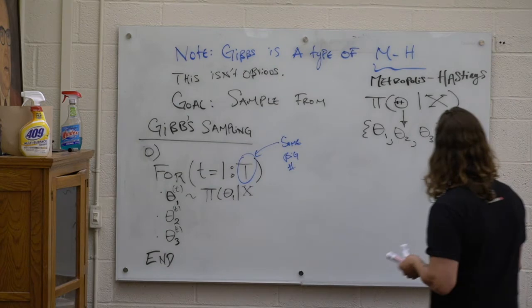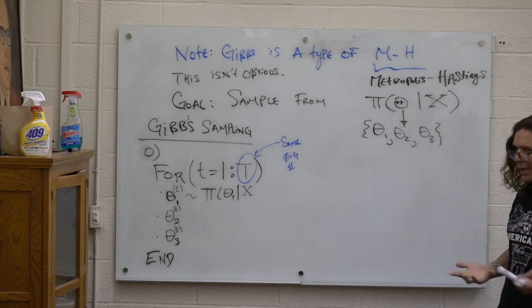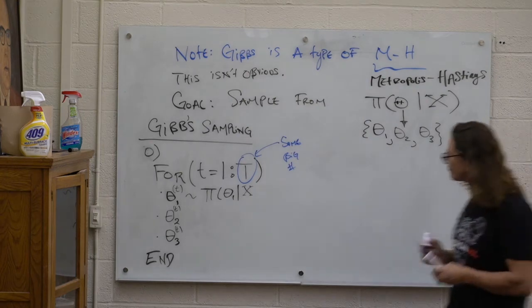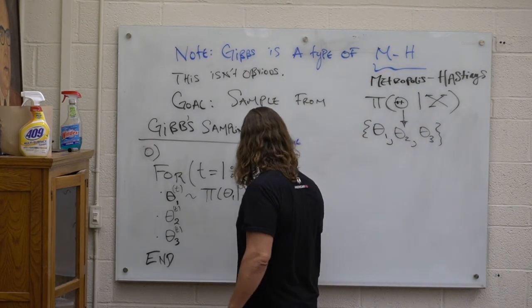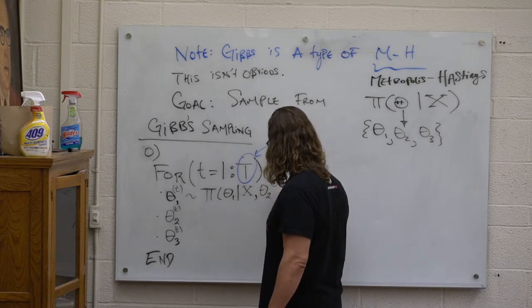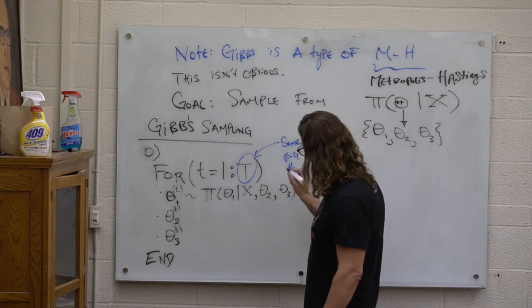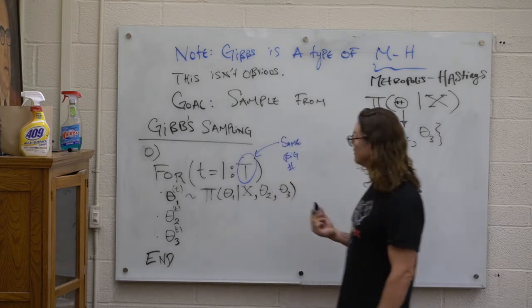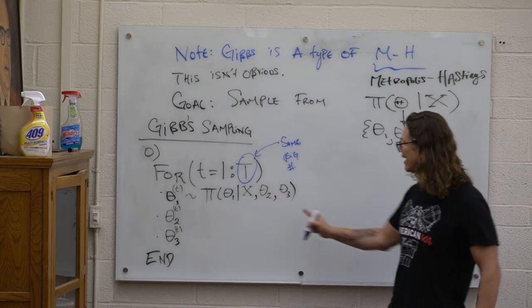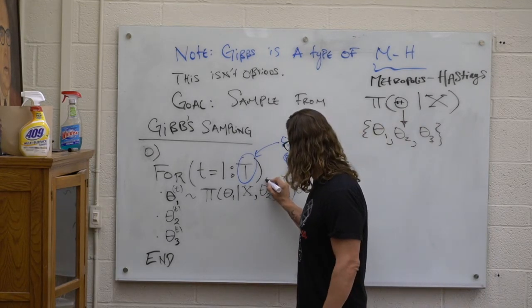But if this was just a general distribution, you could remove x and not be thinking about it as a Bayesian might. So, I'm going to sample it from x, and it's also going to be conditional on theta 2 and theta 3. And I said I needed to initialize everything. I have to have a theta 2 and a theta 3 to plug in here. And so I'm going to plug in my previous draws.